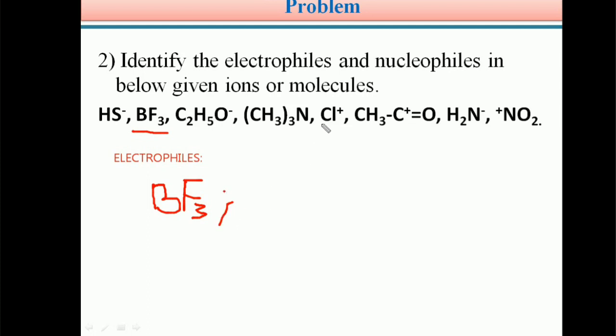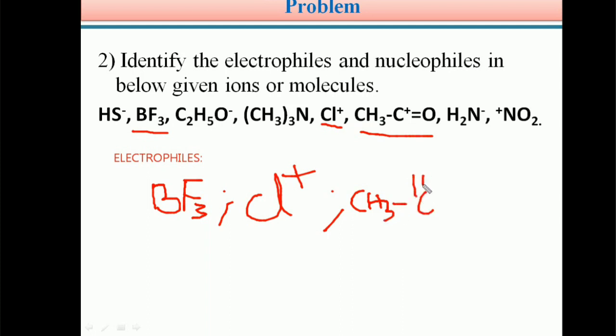Next, Cl plus. Here the chlorine species has a positive charge, so this is an electron deficient species. Similarly, CH3C double bond O plus acts as an electrophile. Here the carbonyl carbon has a positive charge, therefore it acts as an electrophile.